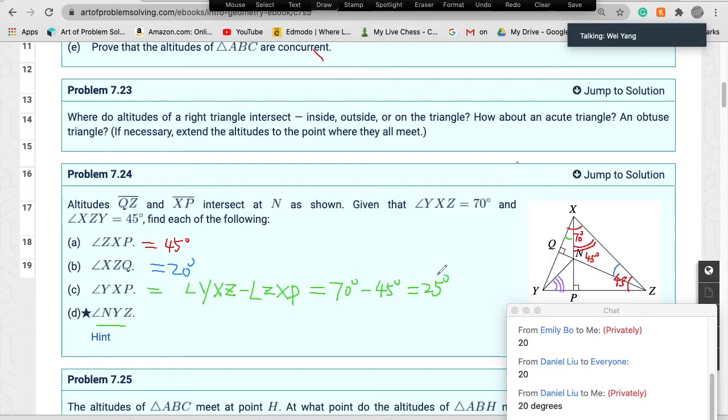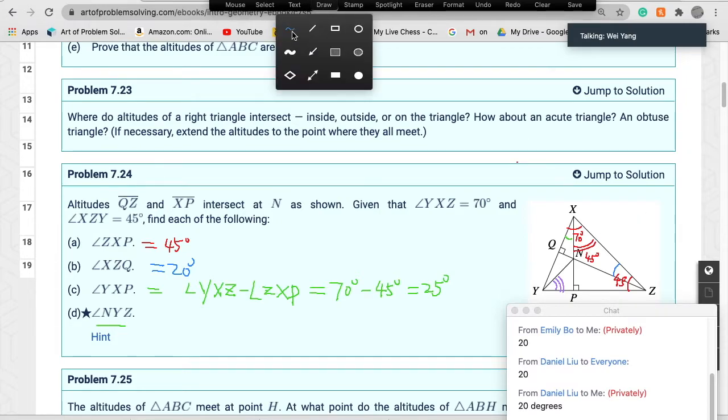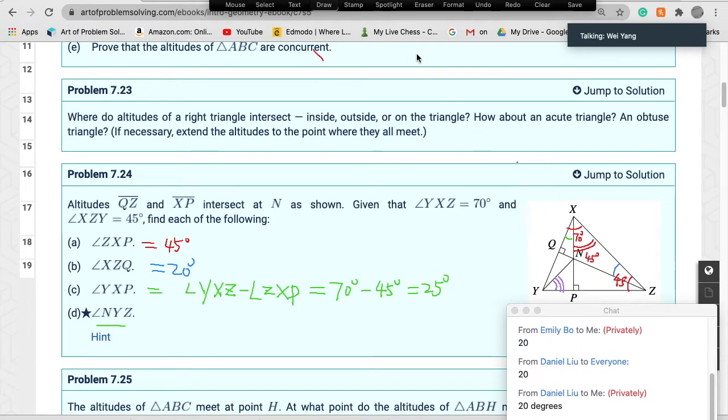Everybody try to do this. This one has a star there, which means it's hard. So you can try to mark all the angles you can get here. Then that makes the problem easier.